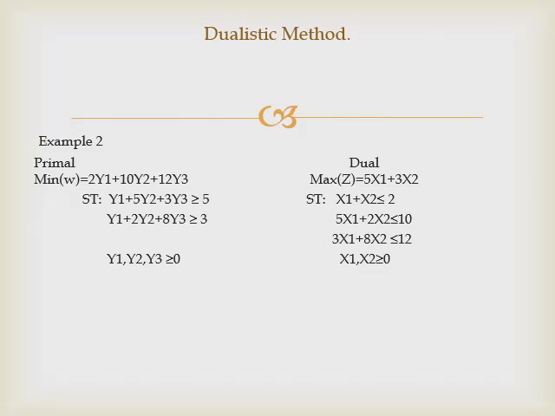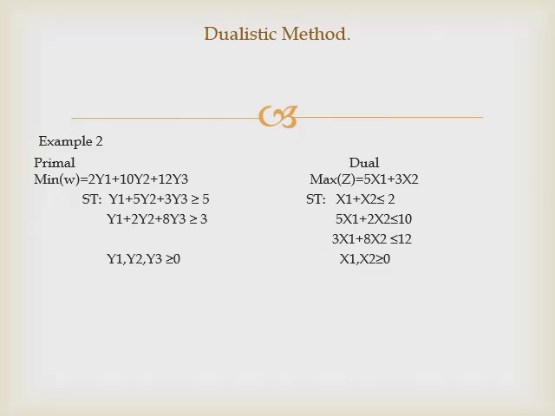The objective function consists of three variables: y1, y2 and y3. The decision variables of this objective function are 3: y1, y2, y3.